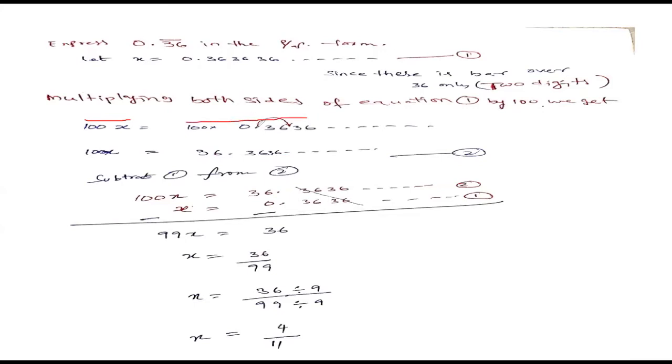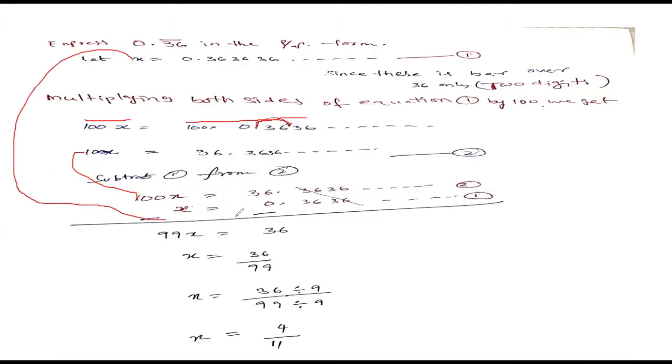Here decimal point is there, so multiply by 100 means the point will move 2 places. That means 36.36. This is equation 2. Subtract 1 from 2. What is equation 2? 100x is equal to 36.363636 and so on. Equation 1 is here.